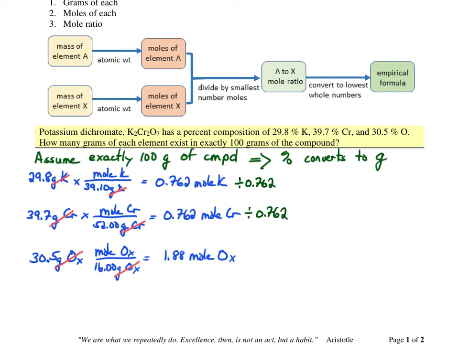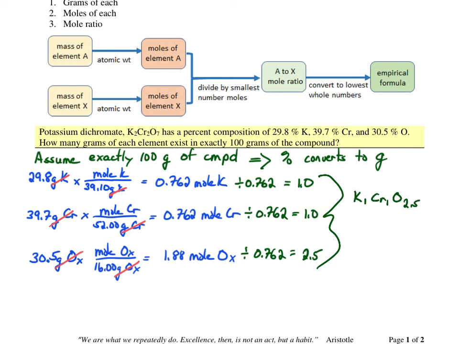This often leads to a final answer, but not always. In this case, when we do our math, we see this is a 1.0, a 1.0, and a 2.5. What this means is that for every mole of potassium and chromium, we have 2.5 moles of oxygen.